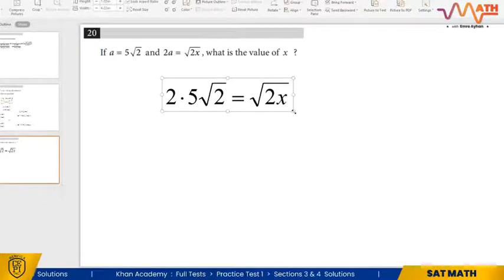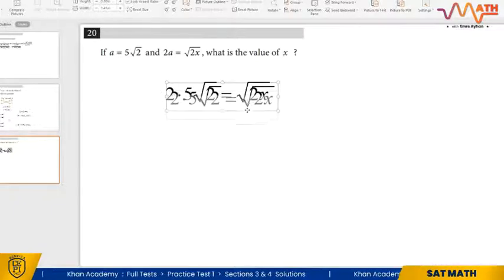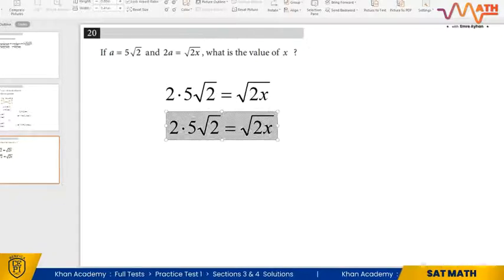Then I can take the square of both sides, right? On one side, this is 10 squared times 2, which is 100 times 2, 200. The other side will be 2x.